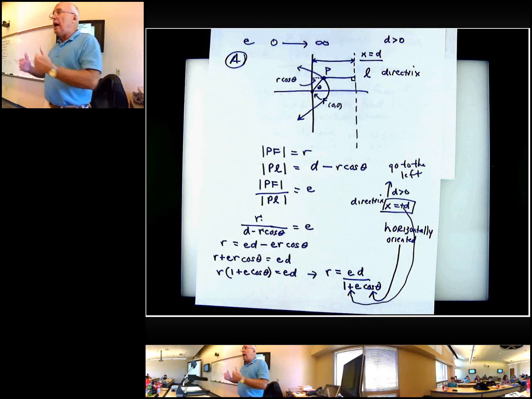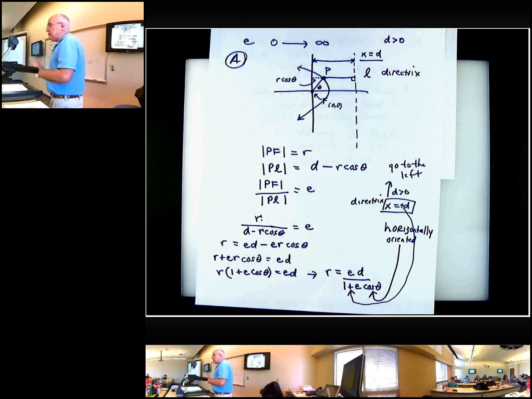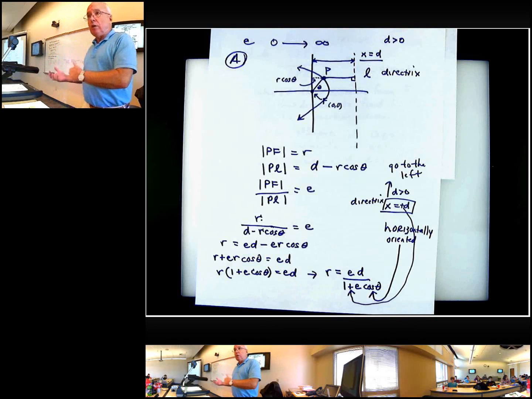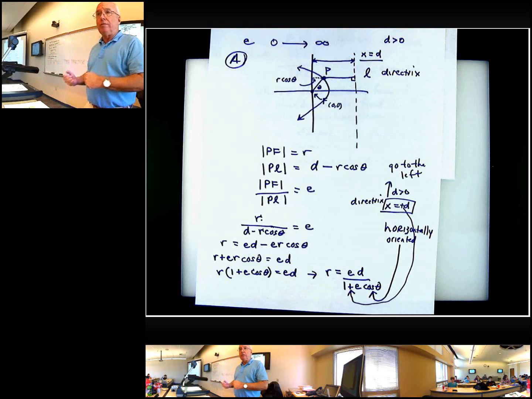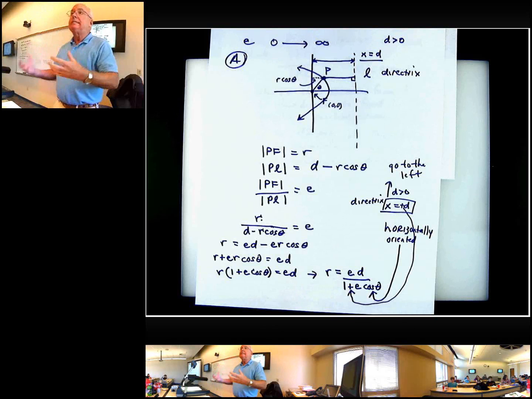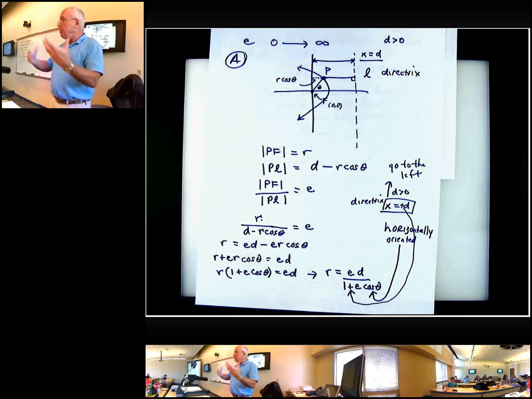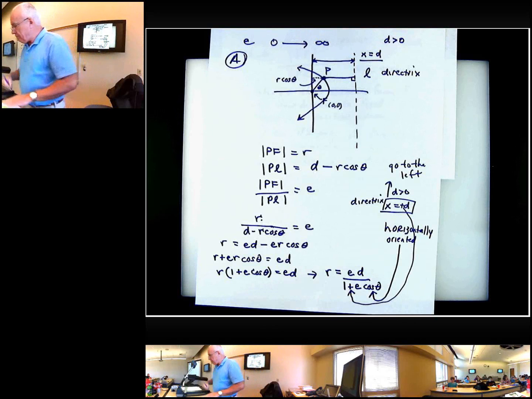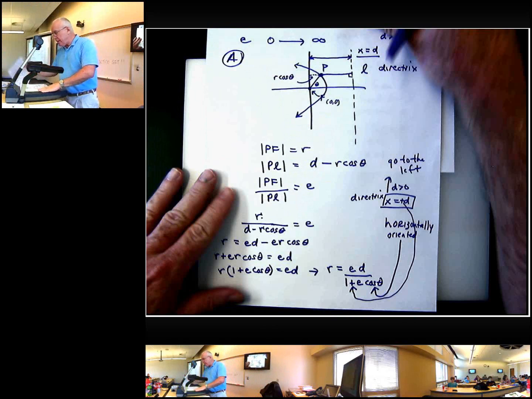I'm going to omit that, and so you can read that if you like on your own. But this indeed will end up being equivalent to what we had seen in the previous section in terms of x and y, but now it's in terms of the polar coordinates. All right, so that was case A.